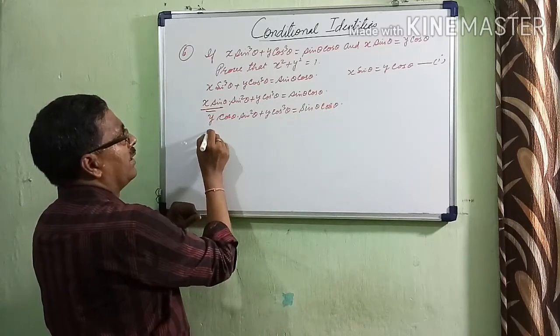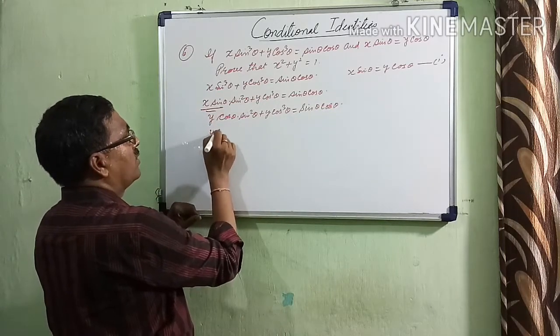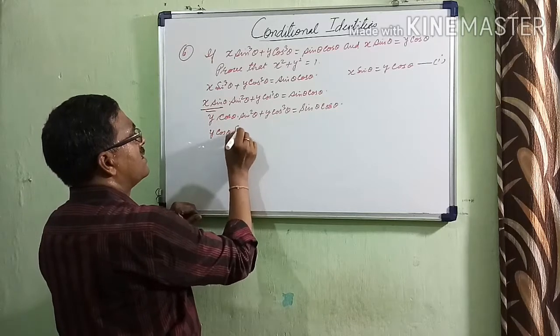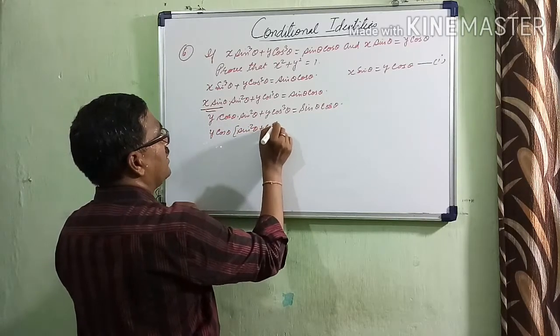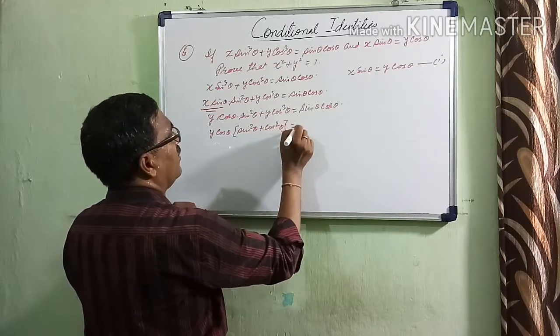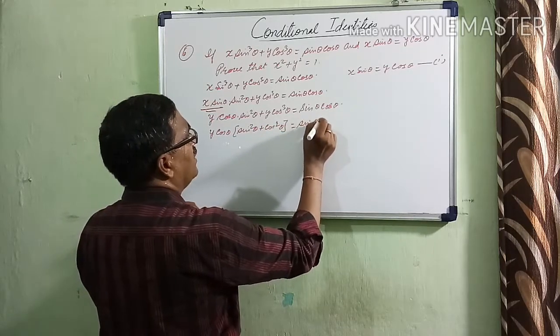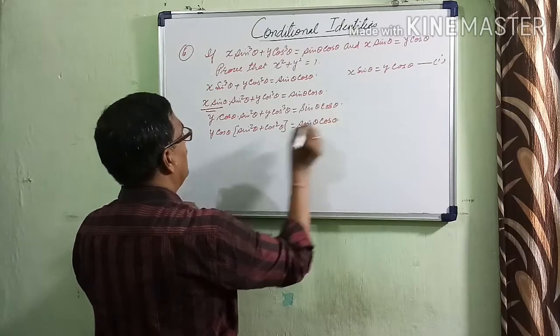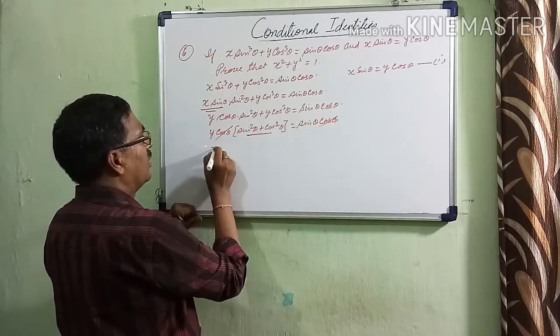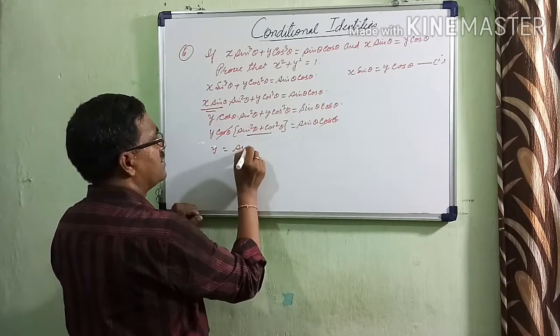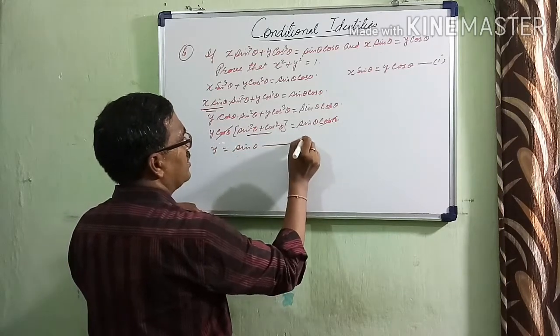And so here what is common? Y cos theta common, sine square theta plus cos square theta left, and here will be sine theta into cos theta. This cos theta cancel, and this is equal to 1, so y is equal to sine theta. Say equation number 2.